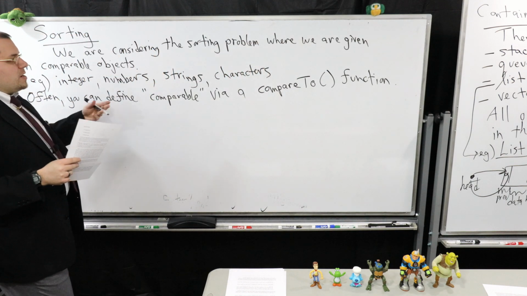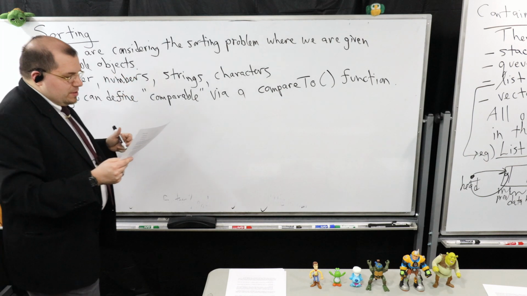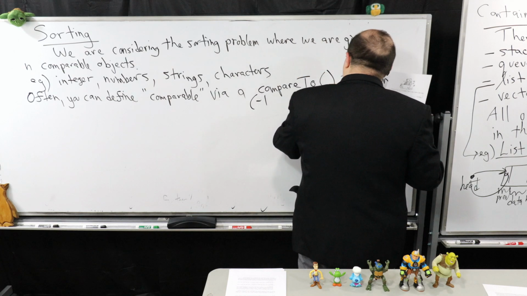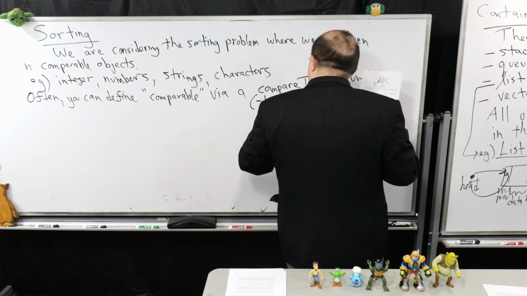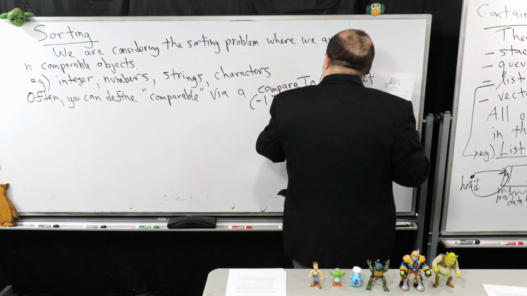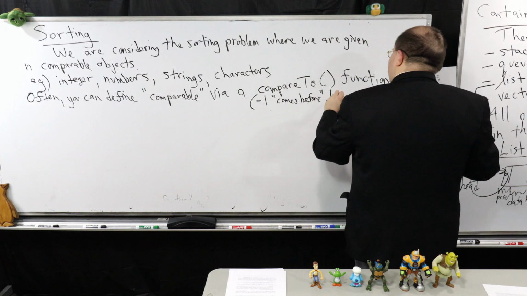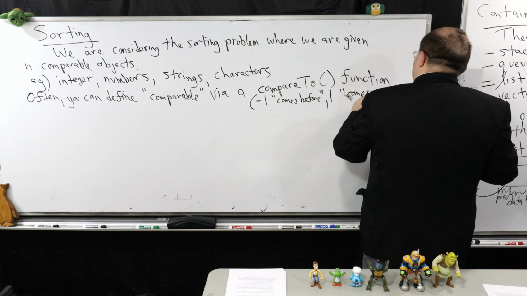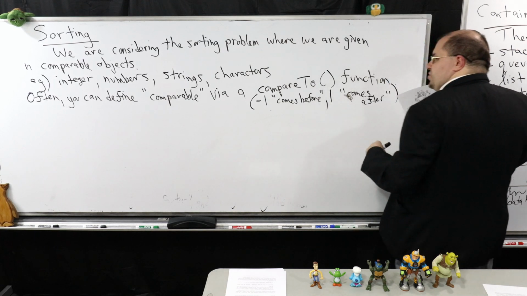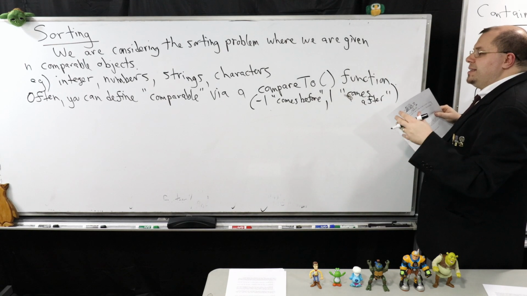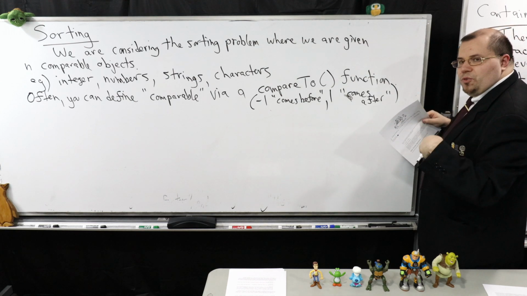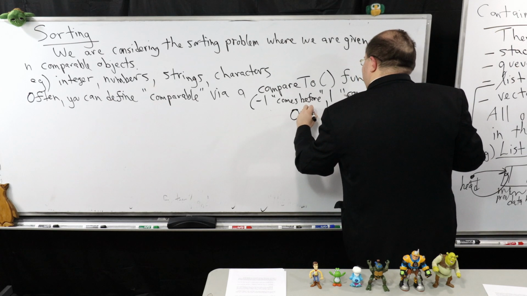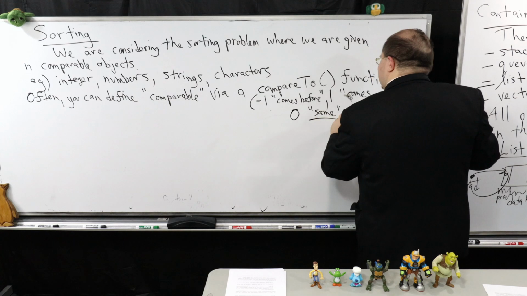Different compareTo functions operate a little bit differently, but usually these functions return -1 or 1. -1 means comes before, and 1 usually means comes after. You could do this with numbers, right? You could make a function that tells you if one number comes before another, or if they're of equal value. So 0 means same.